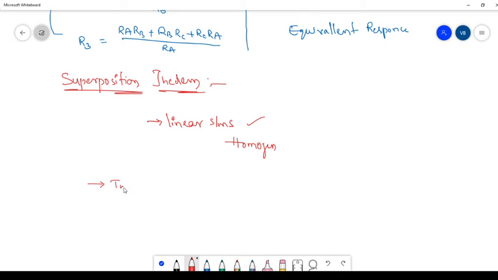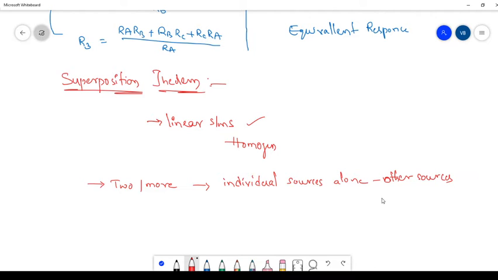containing two or more sources, the response in any element is equal to the algebraic sum of the voltages or responses caused by the individual sources acting alone, while other sources are non-operating or not responding.